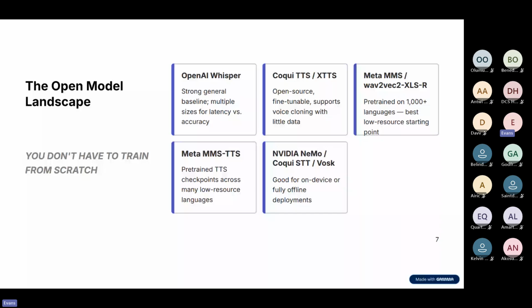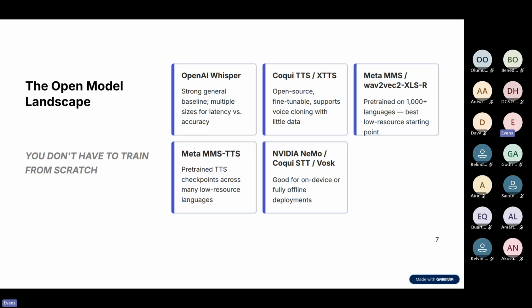All right, so how do you leverage these models, right? When we look at the ASR and TTS space, there are a whole lot of models, but how do you pick the right ones? We have proprietary models, and we have open source models, right? So with our use case, you want to try open source models.